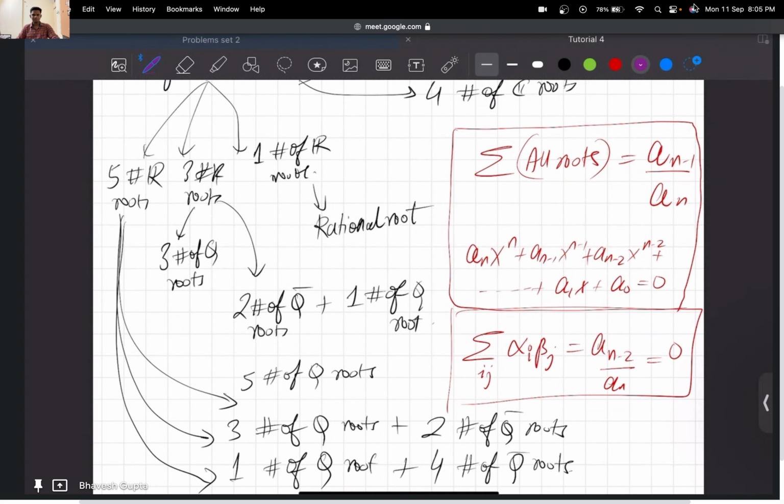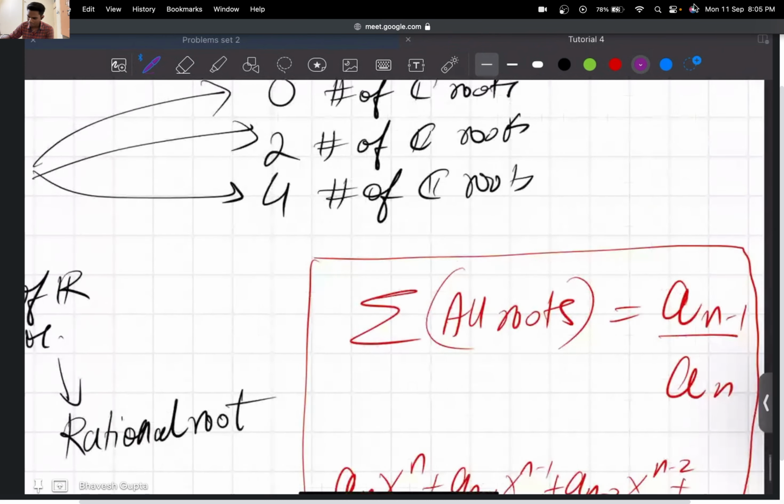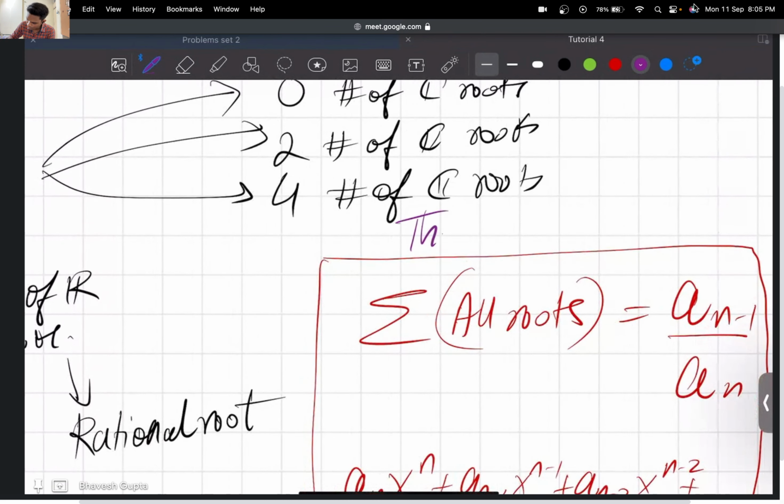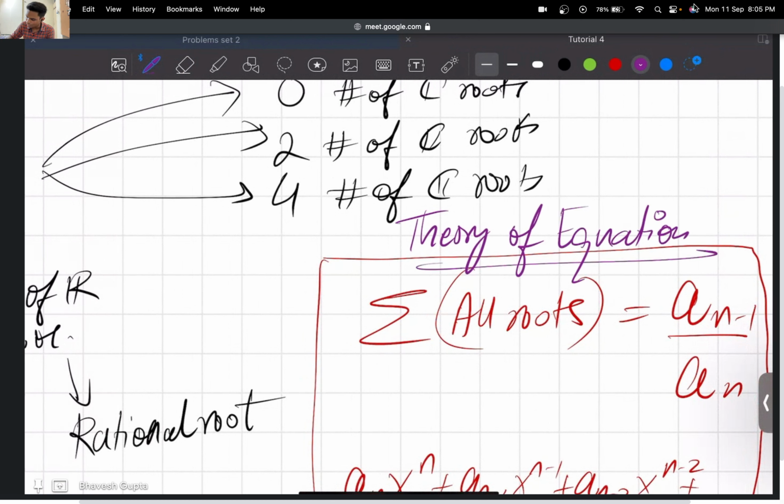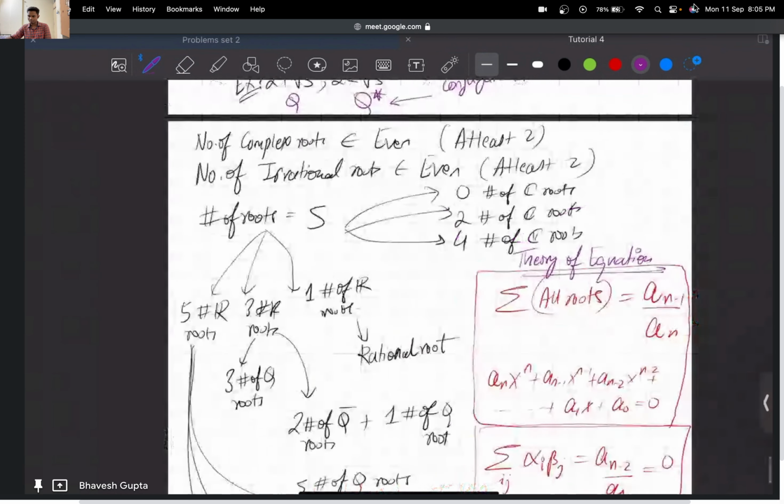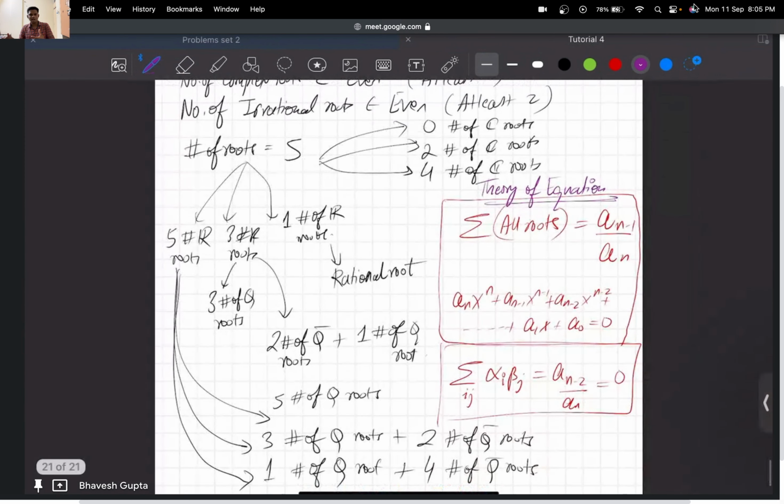You can check this. This is known as theory of equations. You can find all these things under the hood of theory of equations, in case you are interested to take a detailed look. We have some relations between the coefficients of the equation and the properties followed by the roots.